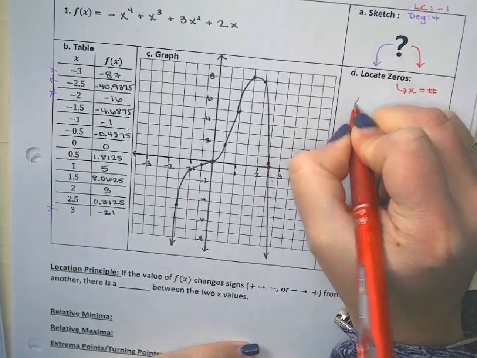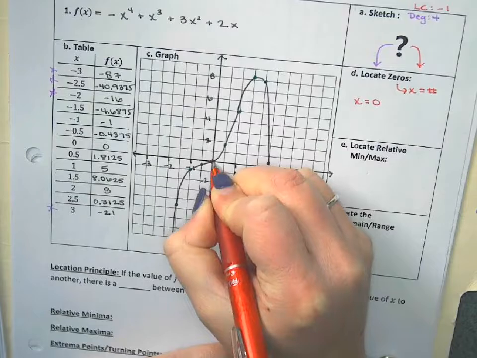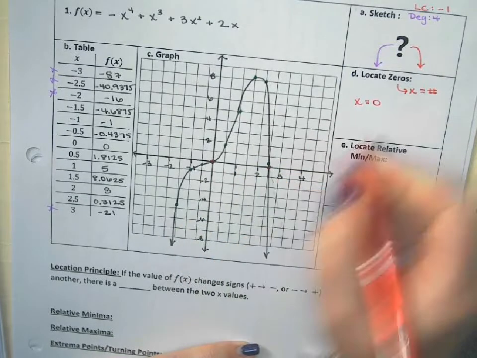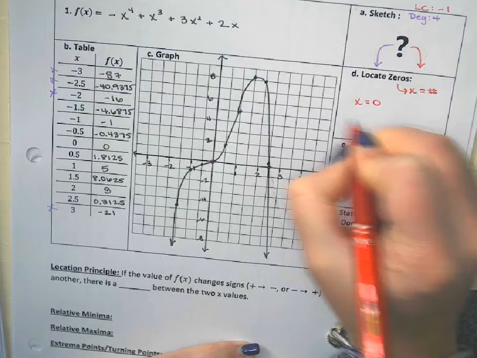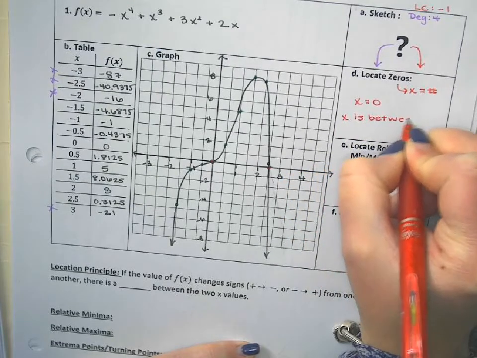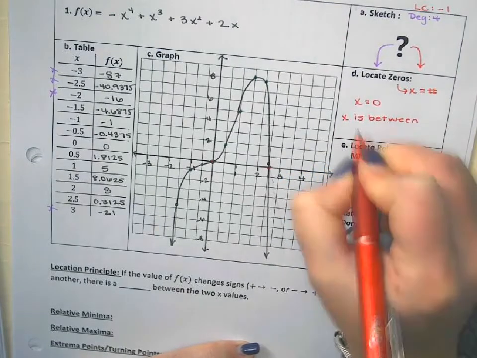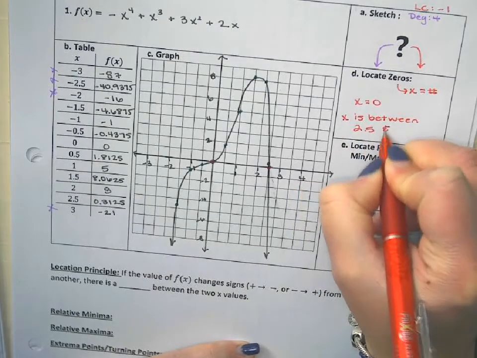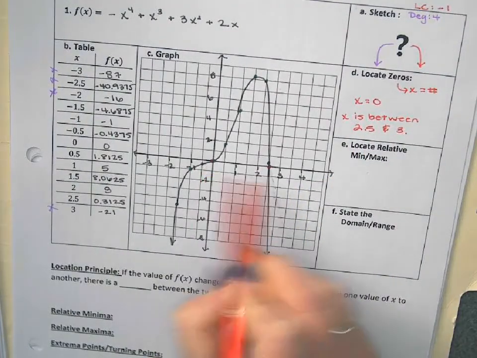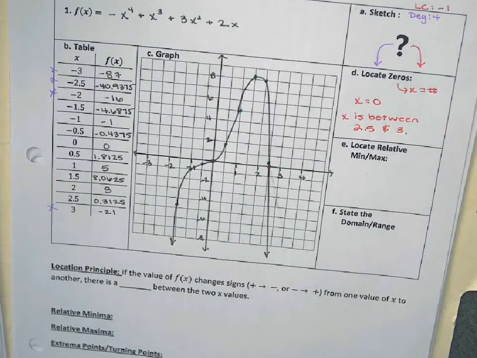So either x equals 0, that's one of the options, or it's not at 2.5, but it's not quite at 3, so x is between, you're going to tell me what two values it's between. x is between 2.5 and 3. So you have two real zeros here, and those are the two locations. One of them is at 0, and the other is between 2.5 and 3.